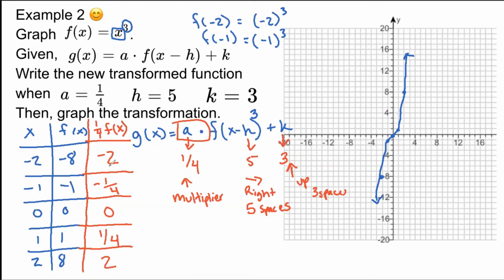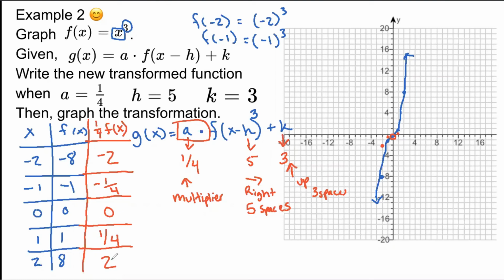Let's see, -4, -2. -2, -2. Let's see, -1 and -1/4. This is very tiny, so I'm trying my best here. Somewhere very close to that number line. 0, 0. I'm just going to do that circle outside. 1 and 1/4.